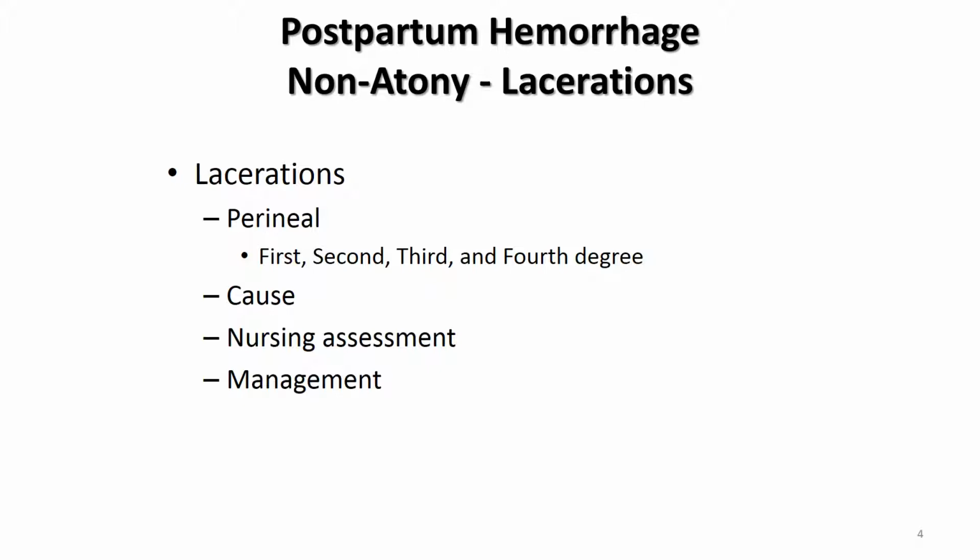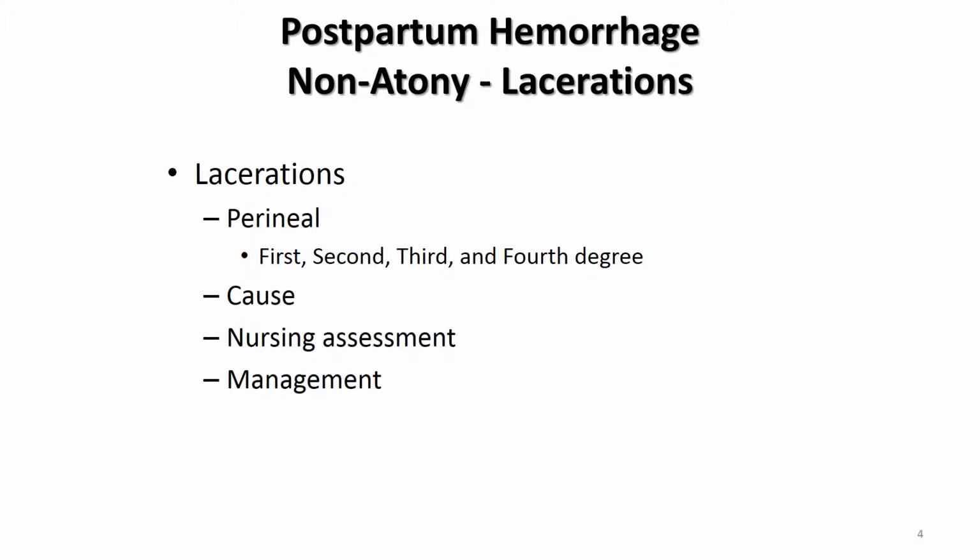So now I'd like to talk a little bit about the causes of hemorrhage, which are non-atony. One of the first ones is called a laceration, and we all know what an episiotomy is at this point in time, but a perineal laceration can be an extension of that, or just a laceration on its own.